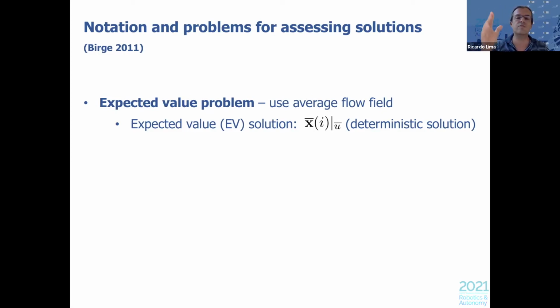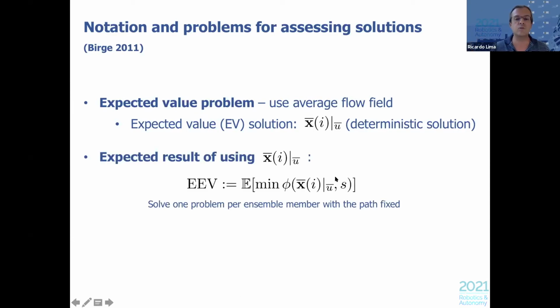So you solve 50 problems with the path fixed with different currents that are your forecast, and you can calculate what is the expected time for this problem, and that is what we have here. Meaning, use the average flow, get a path, and then fix that path and solve the problem for each current with the path fixed.